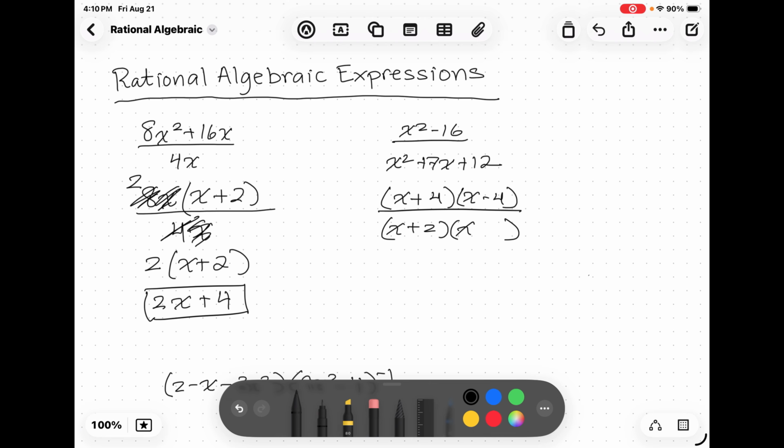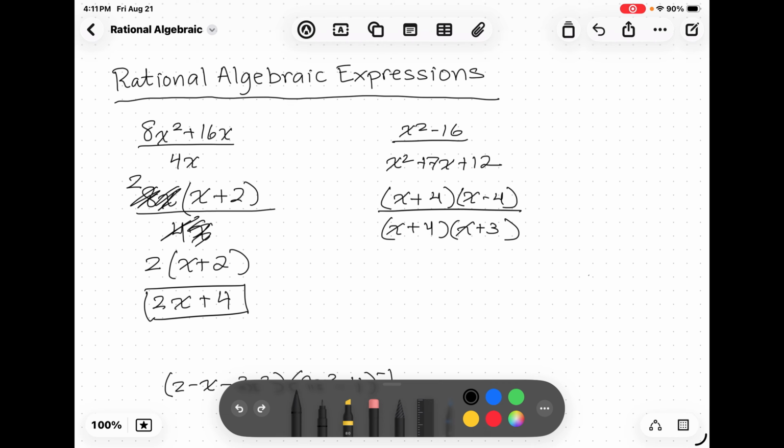What if I tried plus 2 plus 6? And then I would have 6x plus 2x is 8x, but I need 7x. So 6 and 2 don't work. How about 4 and 3? That's 3 plus 4 is 7. So that's factored correctly.